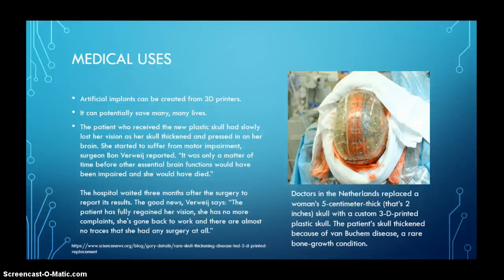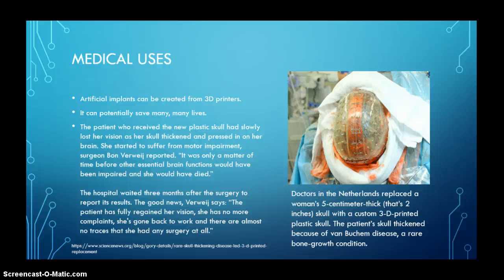In this situation, as you can read for yourself, the patient who had Van Buchem's disease lost her vision, had motor impairment, all these terrible things. So the doctors literally created an artificial skull for her, and it says in this last paragraph that the patient fully regained vision, no more complaints, and no traces of the surgery at all.